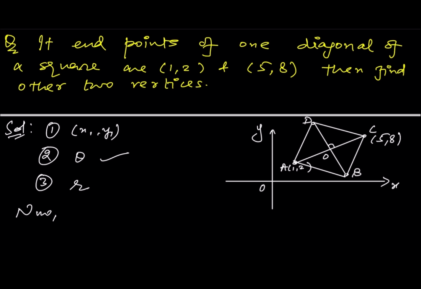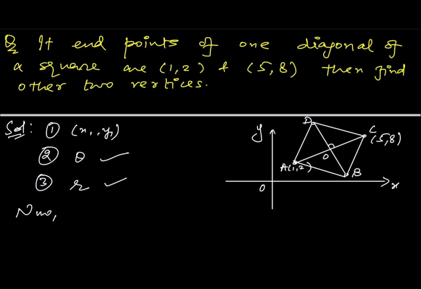And AC you can get by using the distance formula, and hence AO. And if you know AO, then you can get the distance for D from O. So R is also known.